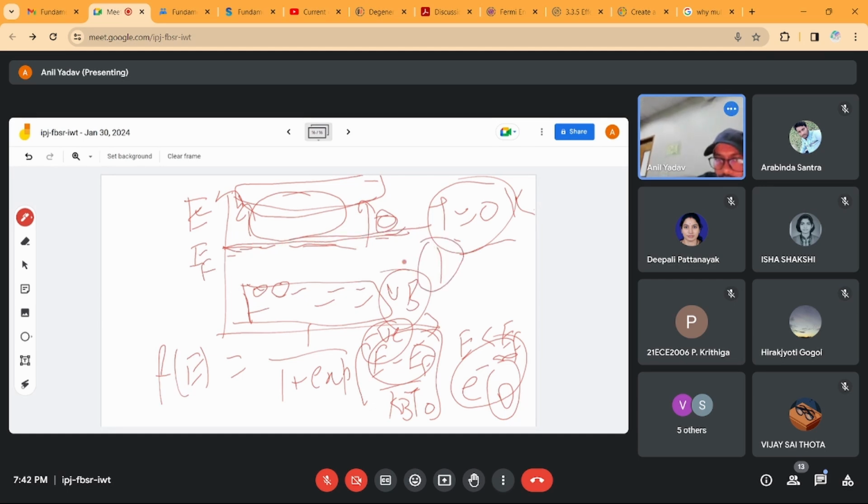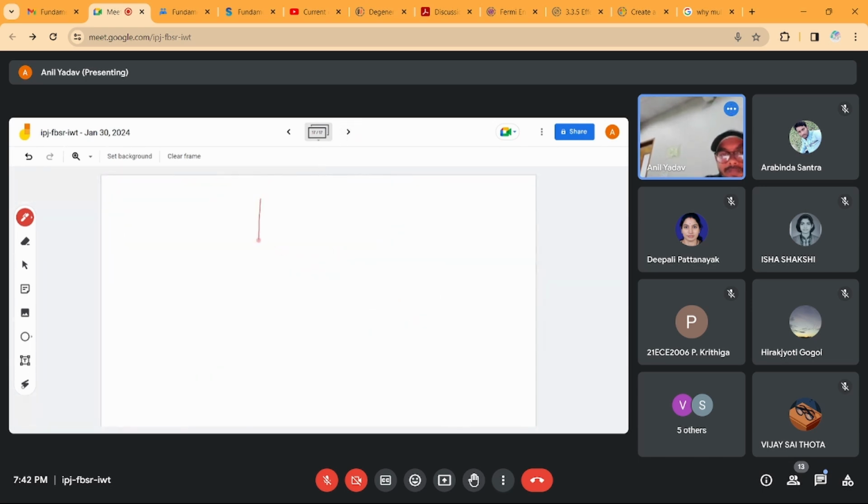1. So this was the conduction band, this was the valency band, and this was the EF.